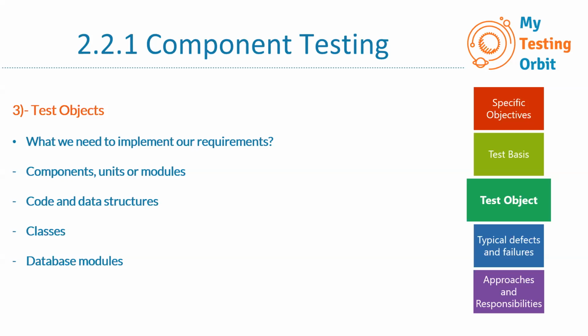So any kind of data types, or if we are specifying the range of a specific field or specific type of data, that will come under database module. Okay, so this is all for the test objects. I hope this one is clear.